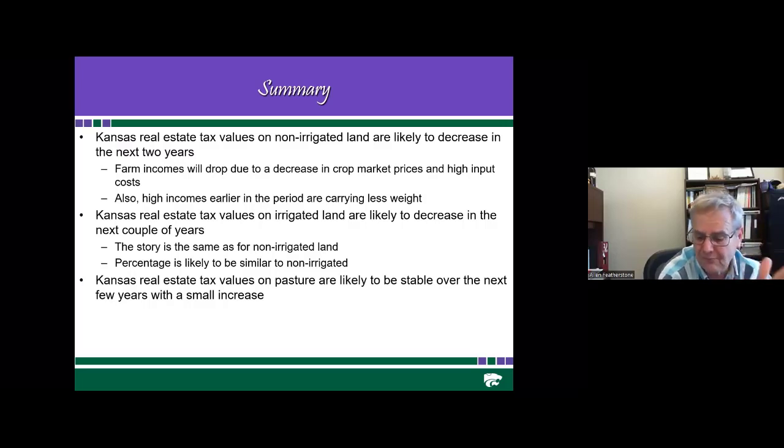Everything is a very formulaic process. But certainly the variability within the state of Kansas causes these numbers to be more variable than maybe some other places.